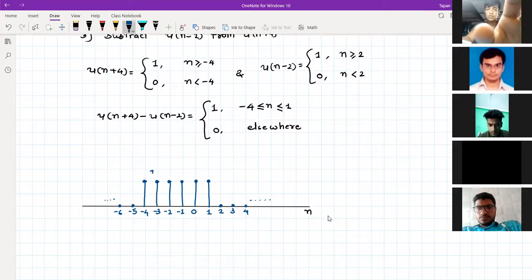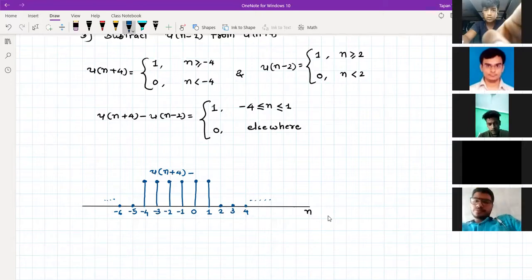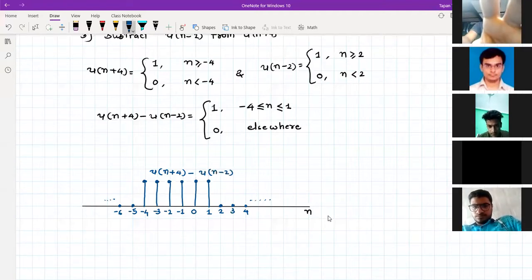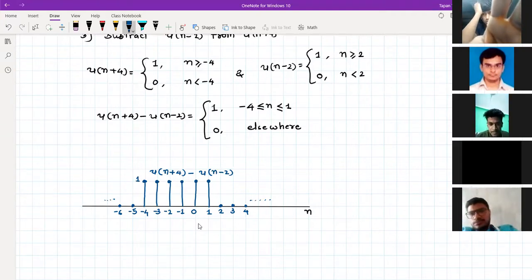Because both are 1 at that instant. Yes, very good. Because at n equal to 2, both are 1. So it will start at minus 4, it will go up to 1, and the amplitude is 1.